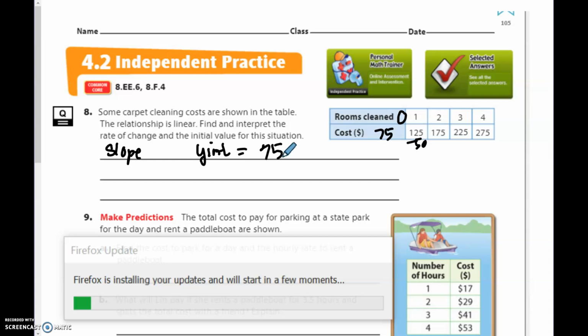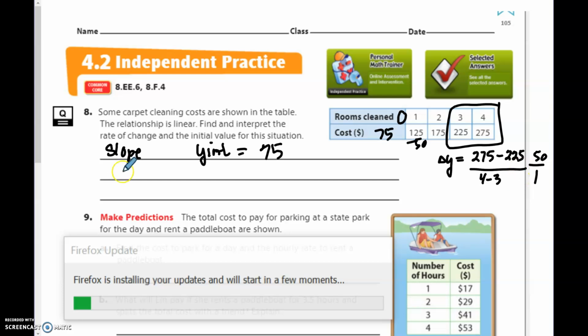Now, what is my slope going to be? I can grab any two ordered pairs that I want. So I can just use these two if I want. And remember, I'm going to do change in y on top. So 275 minus 225. And if I did 275 first, I have to do 4 minus 3. So it looks like I have 50 over 1.